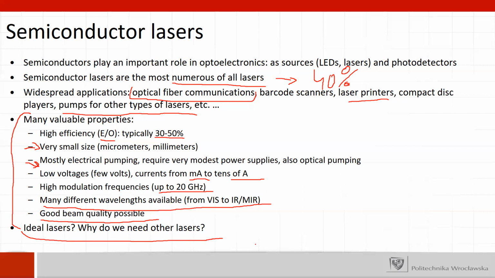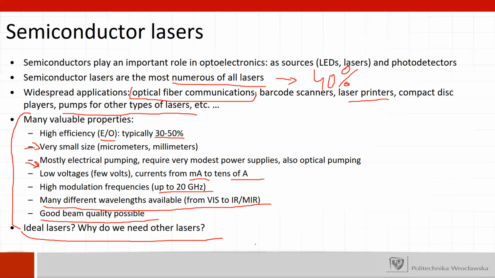So the line widths are even incomparable to gas lasers. So when we have kilohertz or hertz line widths in gas lasers, semiconductors have megahertz line widths. So this is a very huge problem with semiconductor lasers.